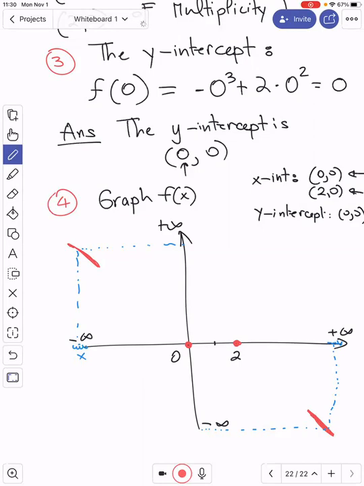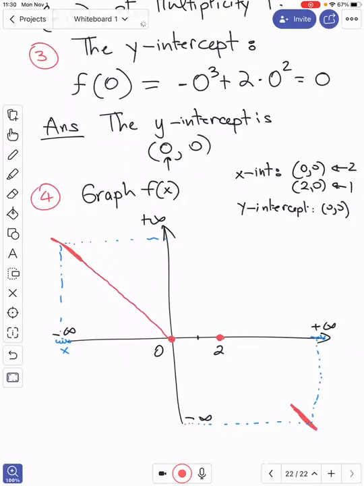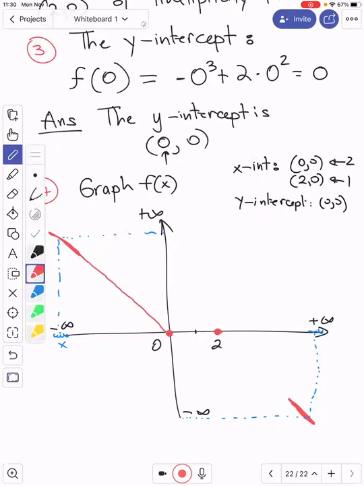All right, so now let's just join the points here. We're going to start from the top right here. So next thing we have is this x-intercept, the 0, 0, the origin, right? But just remember, guys, we said this x-intercept is of multiplicity 2, and 2 is even, right?